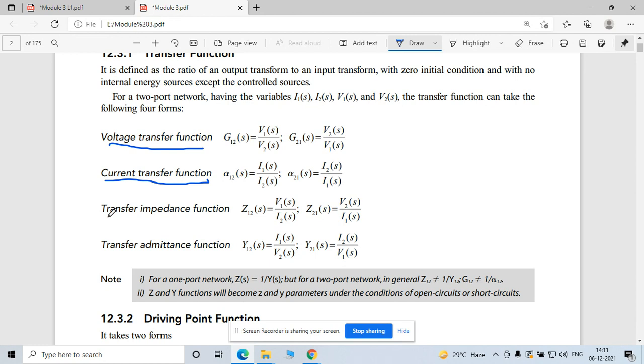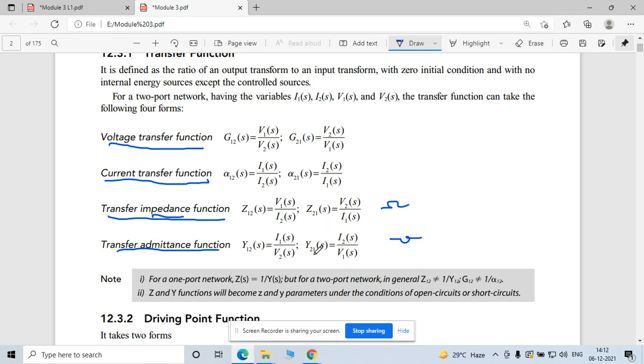The third one is the transfer impedance function, which is the ratio of first port voltage to the response of second port current, and its unit is ohm. That's why it's called the transfer impedance function. The next is the transfer admittance function, whose unit is mho, and the voltage and current transfer functions are unitless quantities.